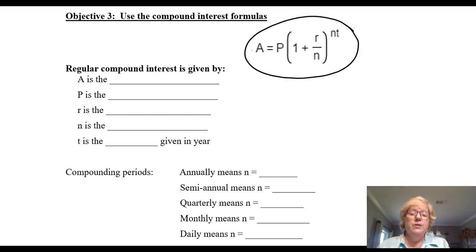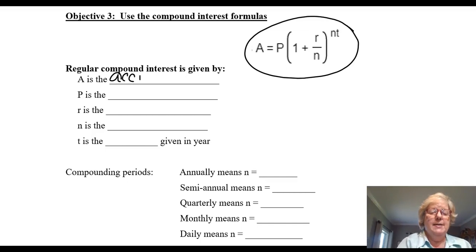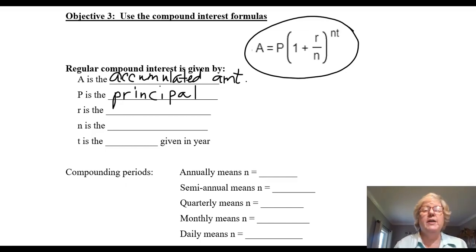The values there for each of those letters would be A is the accumulated amount. I'll just abbreviate that. P is the principal. Now, if you need to write this beside principal, principal is the amount of money you start with.